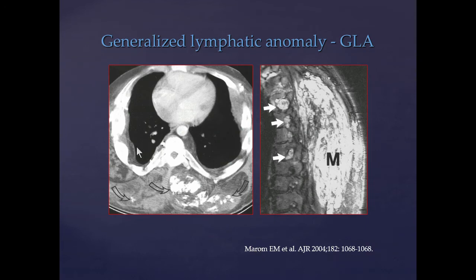Another patient here, the ribs are obviously quite abnormal. Then there's this large soft tissue mass posteriorly on this axial CT. Here's a sagittal MR showing another massive deposit of these lymphatic sinusoids, as well as tissue in the neural foramina here.